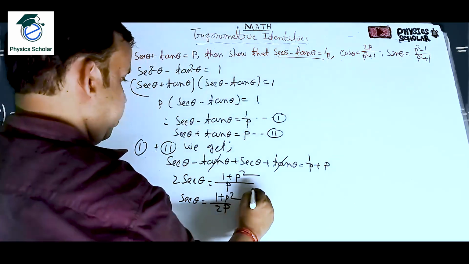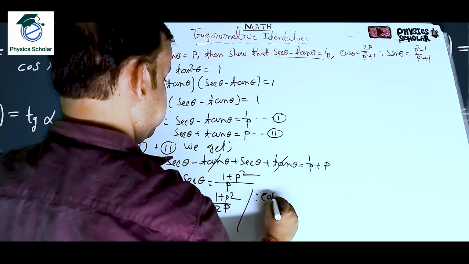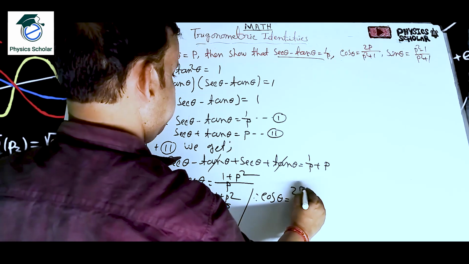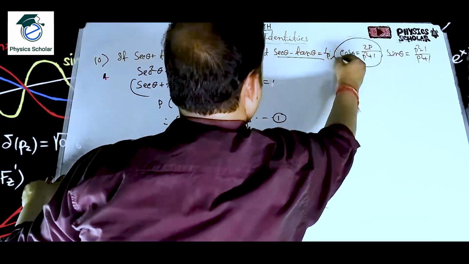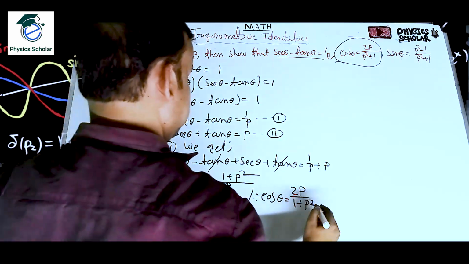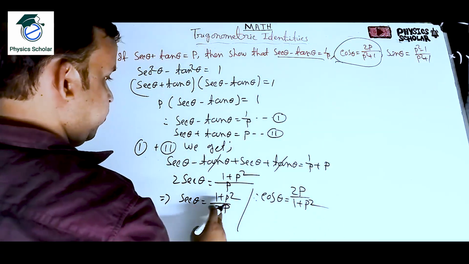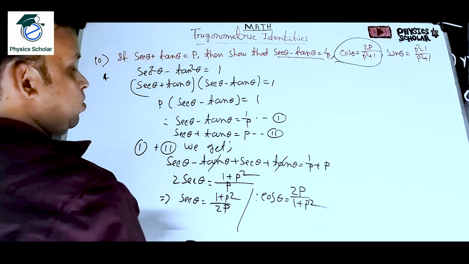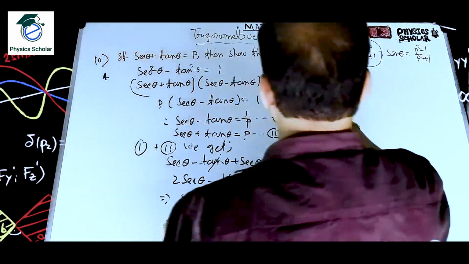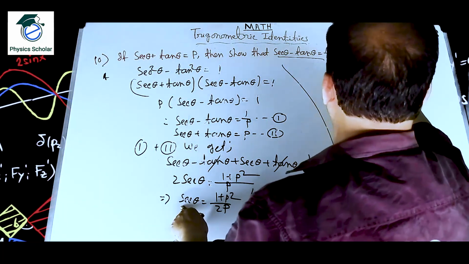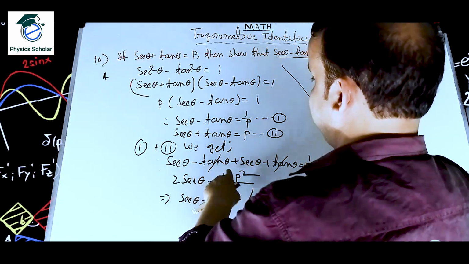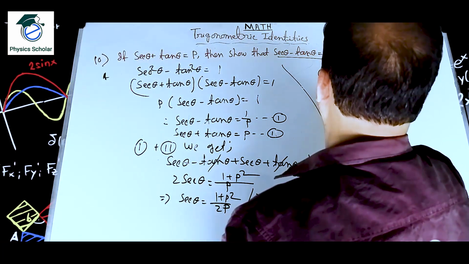So what we can write? Cos theta is equal to 2p by 1 plus p square. So that also we proved. Clear? Now again, what we have to now prove is sin theta. So let us do 1 minus 2.